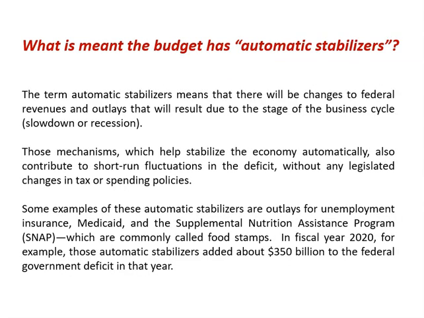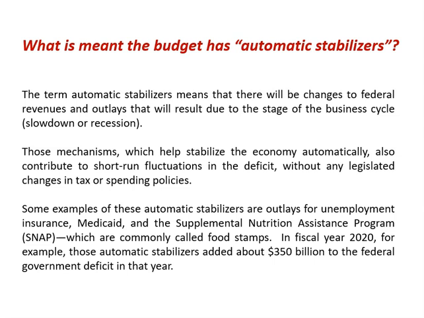What is meant the budget has automatic stabilizers? The term automatic stabilizers means that there will be changes to federal revenues and outlays that will result due to the stage of the business cycle, slowdown or recession. Those mechanisms, which help stabilize the economy automatically, also contribute to short-run fluctuations in the deficit, without any legislated changes in tax or spending policies.